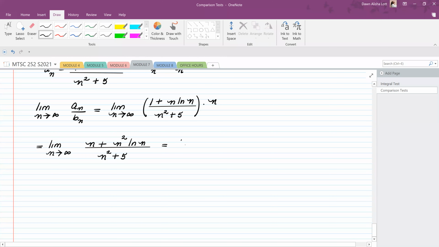So I get the limit as n approaches infinity of 1 over n plus the natural log of n, divided by 1 plus 5 over n squared.